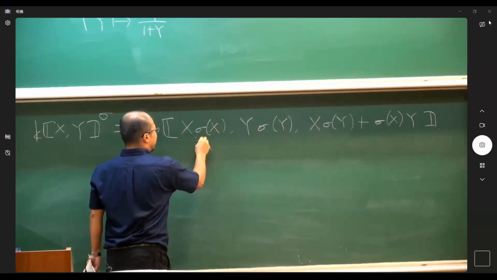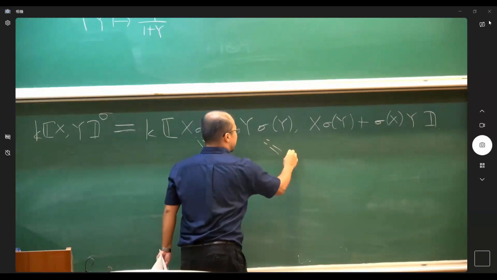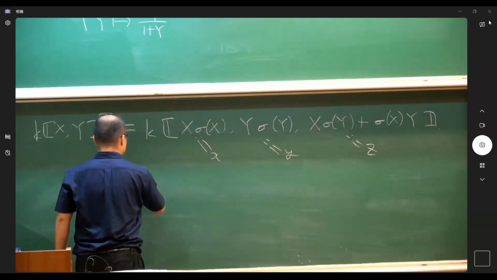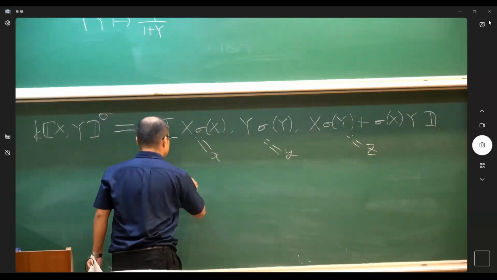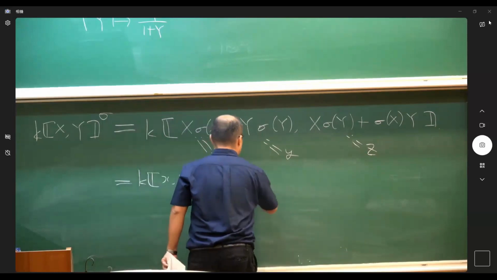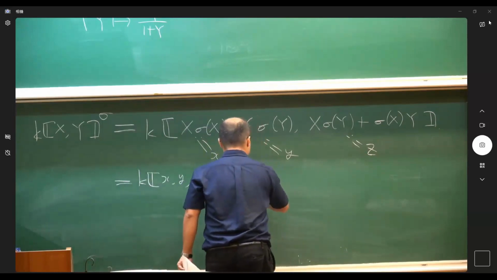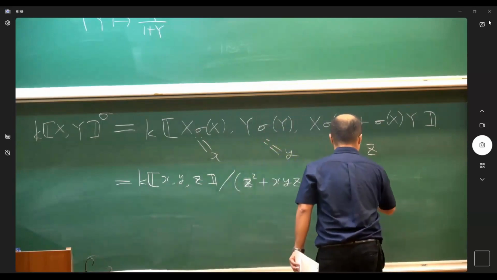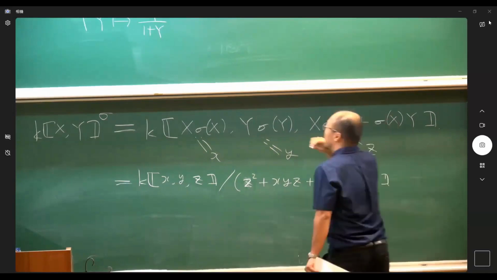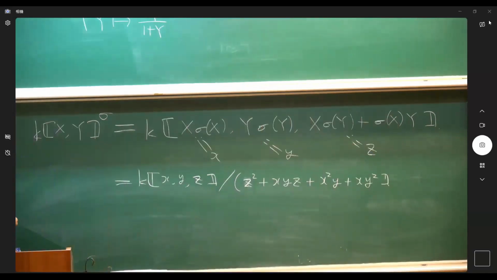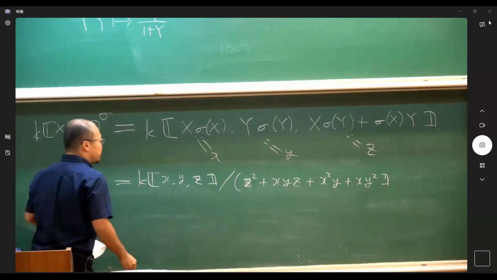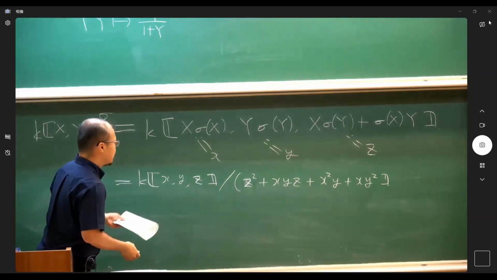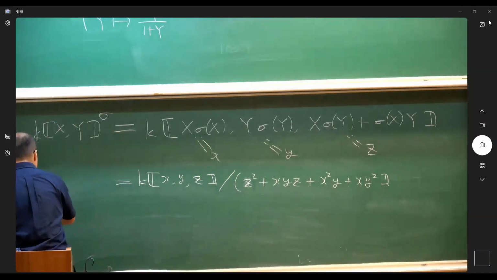If we call these elements x, y, z, then it is isomorphic to the D_4^1 singularity. And then I want to give an explicit example of pseudo-derivation.